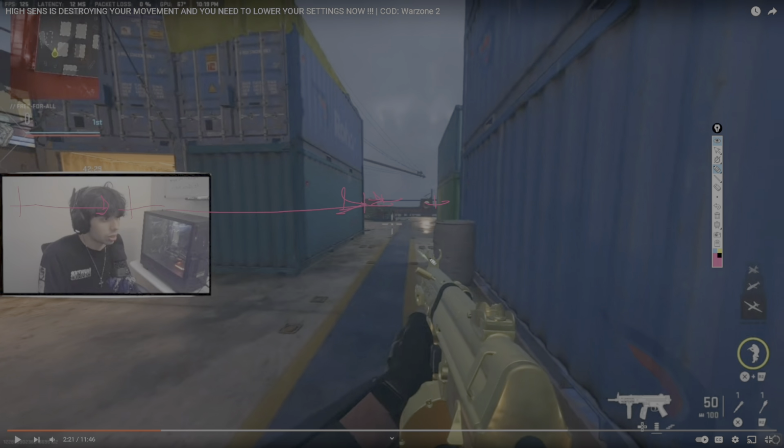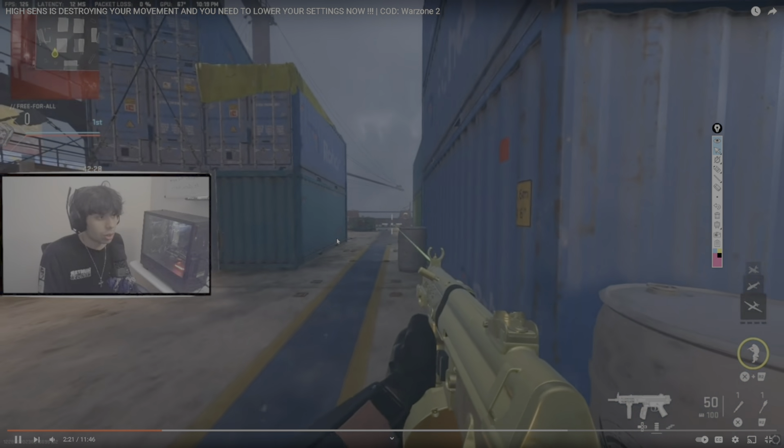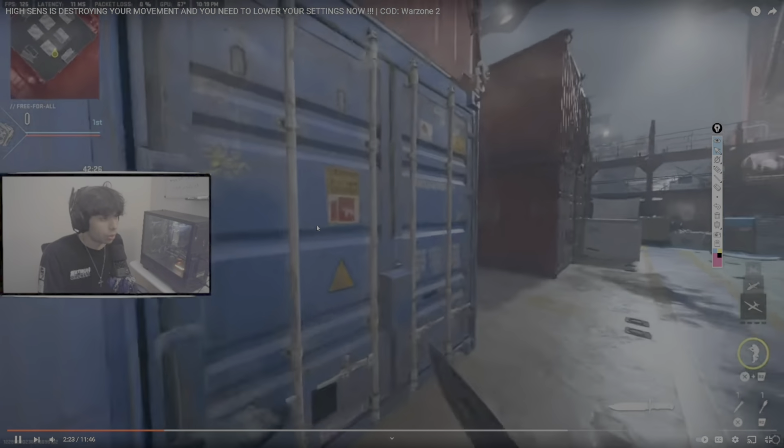So, his method or strategy and what he's thinking, and I think really what he's trying to explain, is on this low sense, you can really take your time and carve all these corners. It's a different method, but at the end of the day, the value is: are my crosshairs in the right place at the right time, so that you can be the fastest you possibly can be.